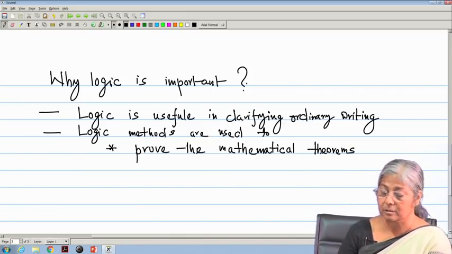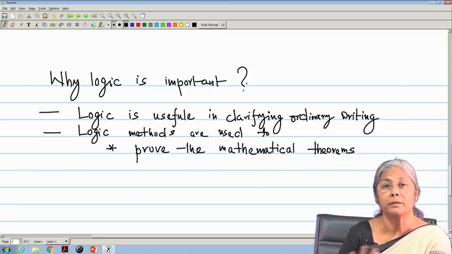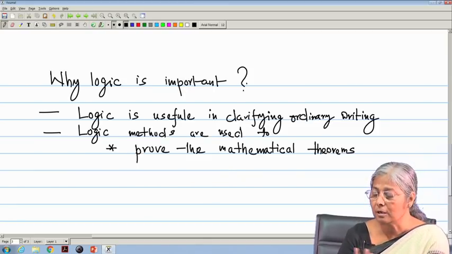In mathematics, logic is mainly used to prove the mathematical theorems.